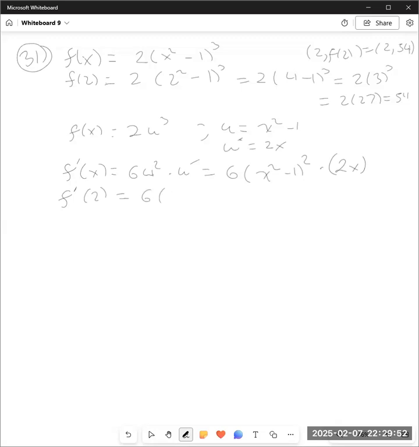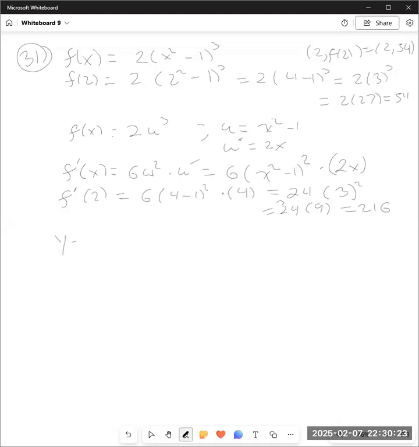It's going to be 6 times (4 minus 1) squared times 2 times 2, which is 4. So that's going to be 6 times 4 is 24. 3 squared is 9. 24 times 9, that's 216. So my slope is 216.